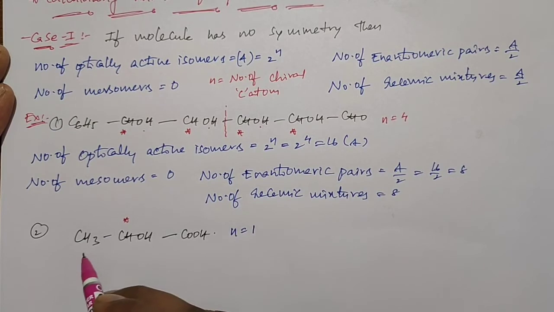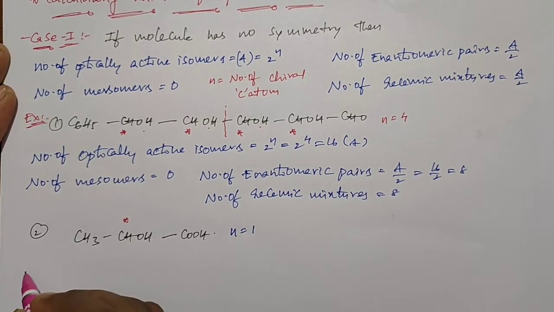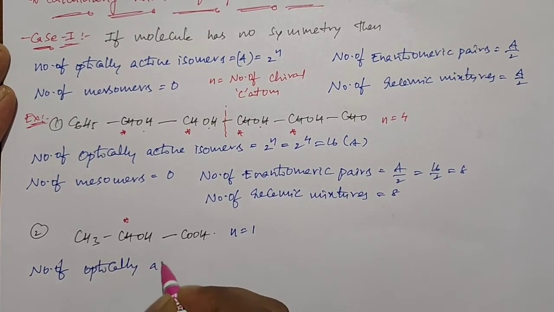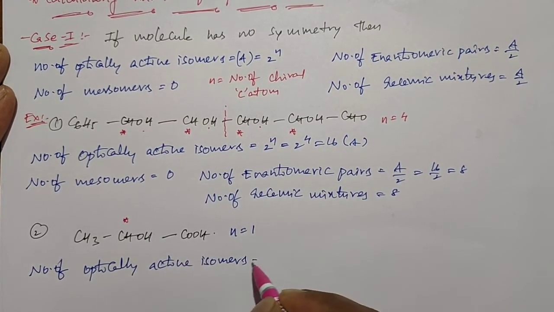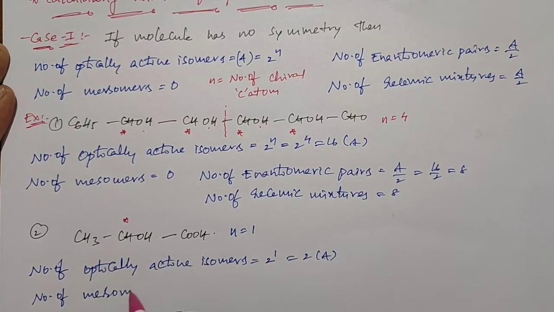Here CH3 and COOH are different, so it is a non-symmetric molecule. Then the number of optically active isomers is equal to 2 power 1, that is equal to 2. Then the number of mesomers is equal to 0.